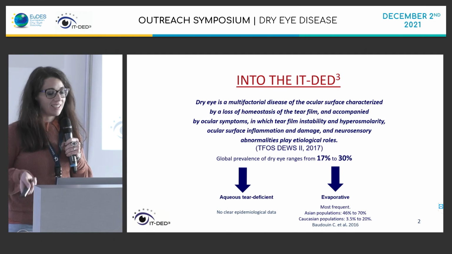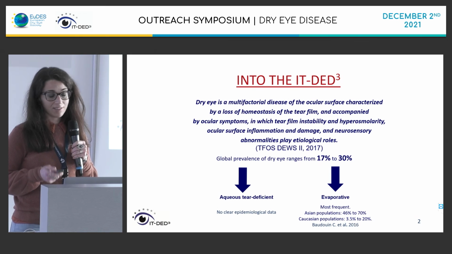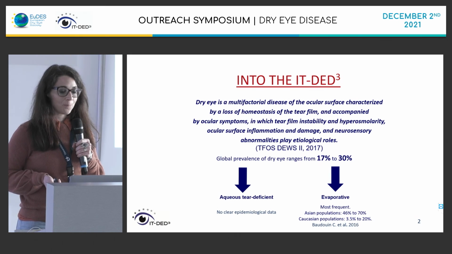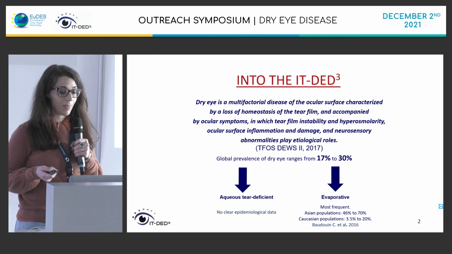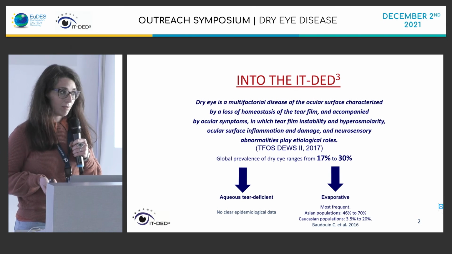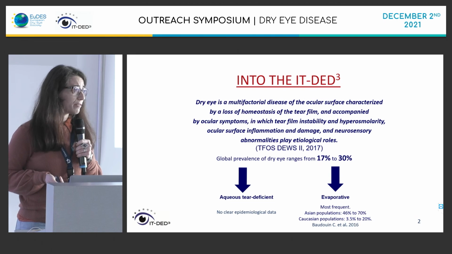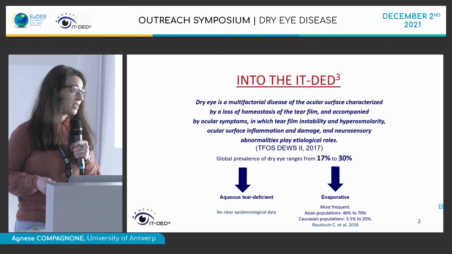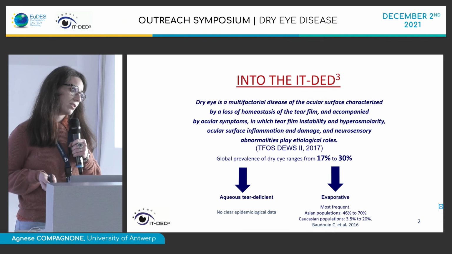So we know that dry eye is a multifactorial disease of the ocular surface, and it presents a loss of homeostasis of the tear film. It presents a lot of ocular signs and symptoms that are very relevant for the disease, and some of them are tear film instability, hyperosmolarity, ocular surface inflammation and damage, and neurosensory abnormalities.